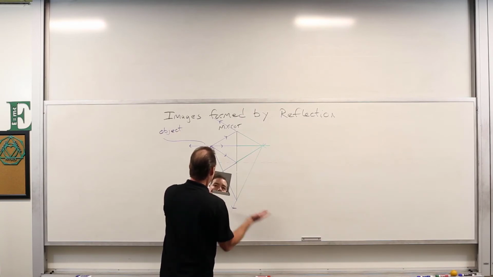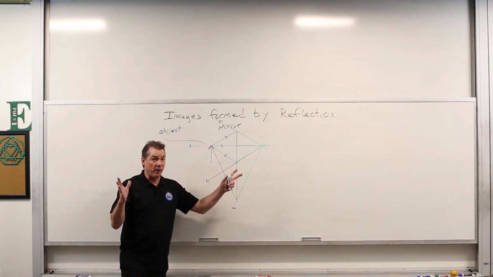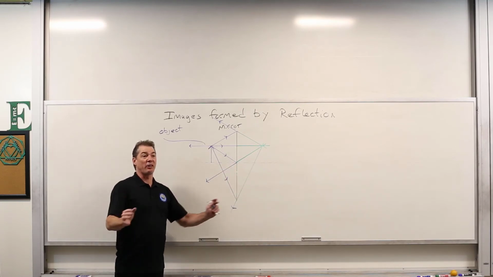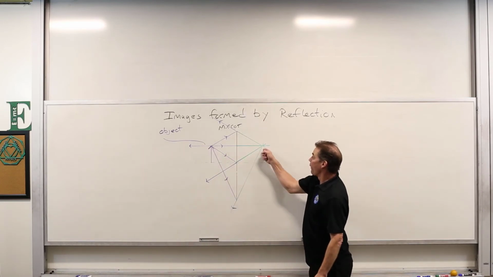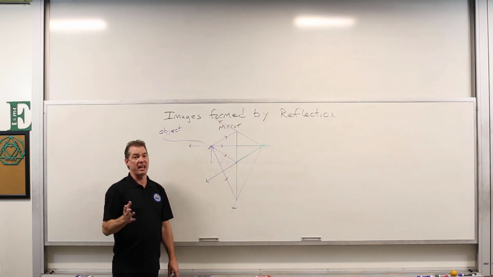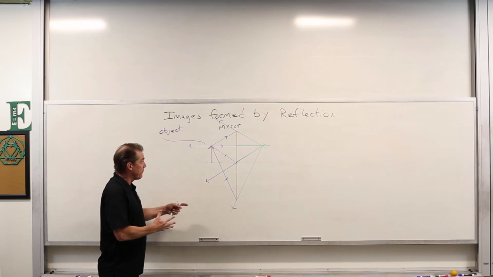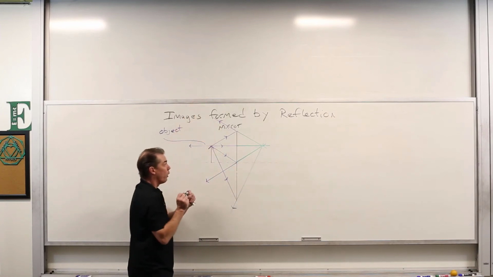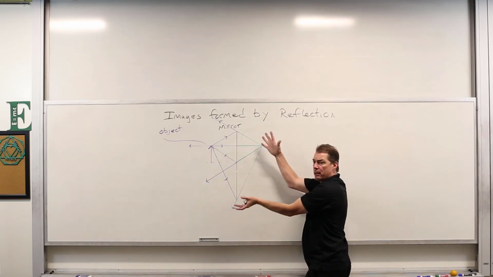Why is that? Well, it's all about where light either is physically emanating from or where light seems like it's coming from. Light seems like it's coming outward from this point. Your eyes trace back these paths to the points of intersection where light is either actually coming from, like from the object, or where light seems like it's coming from, in this case, the image.